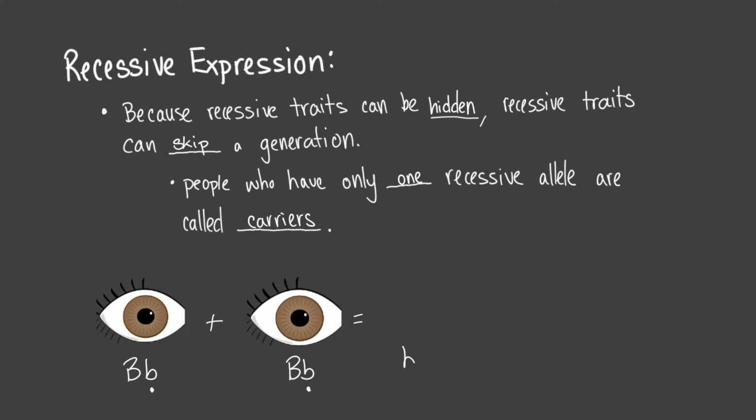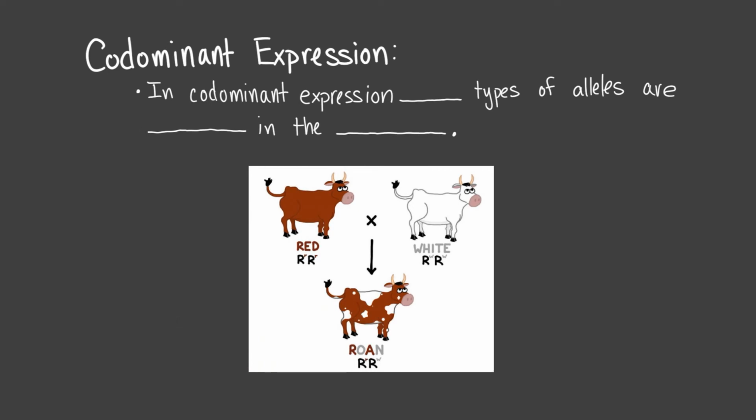So the child could have two recessive alleles, in which case they would have blue eyes. So in recessive expression, we can sometimes see a trait in a child that neither parent expresses. That's very possible as long as that trait is recessive.